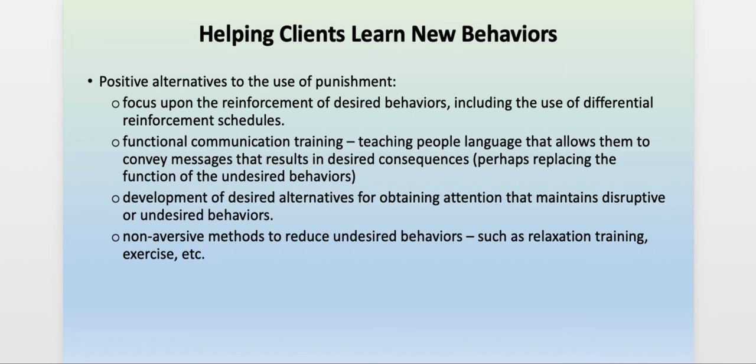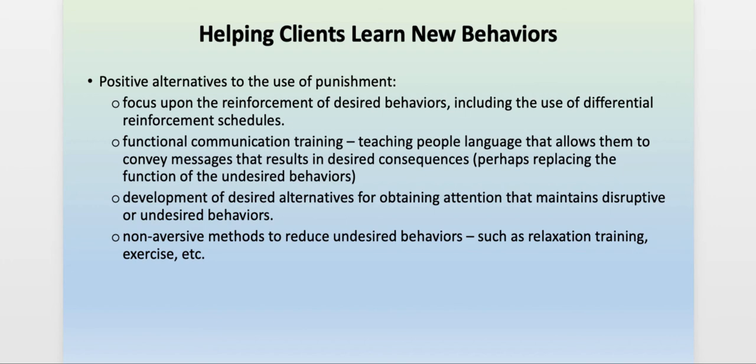If you can determine what that something is, then teach your client how to ask for those things, or to engage in some positive behaviors to achieve those things, so that you're replacing the function of the undesired behaviors.